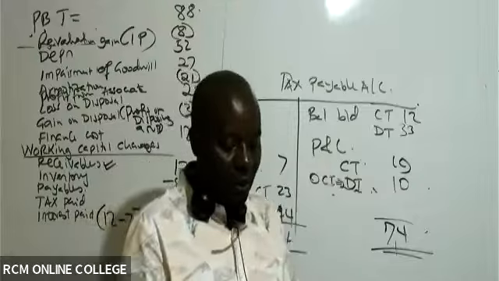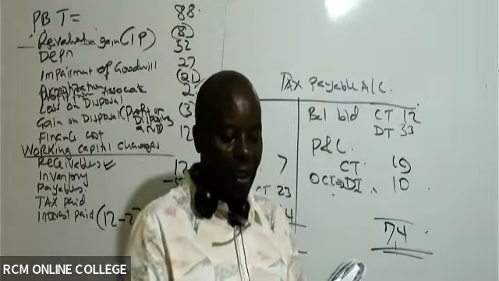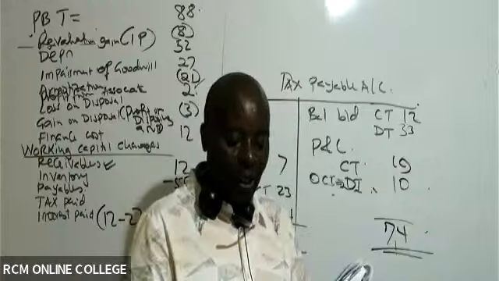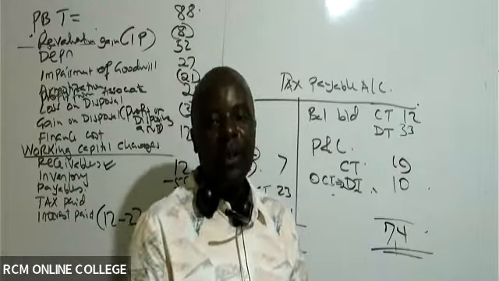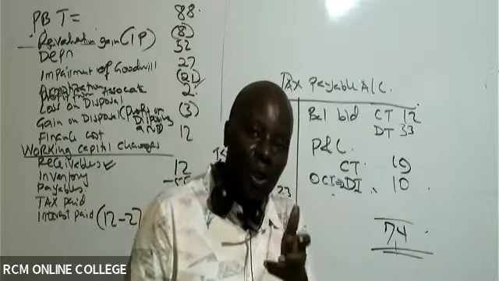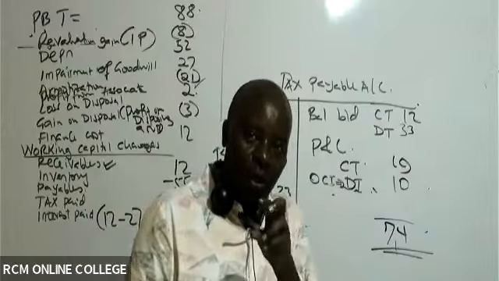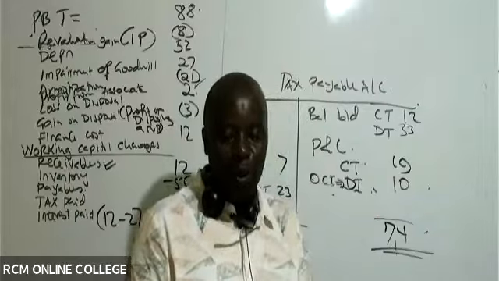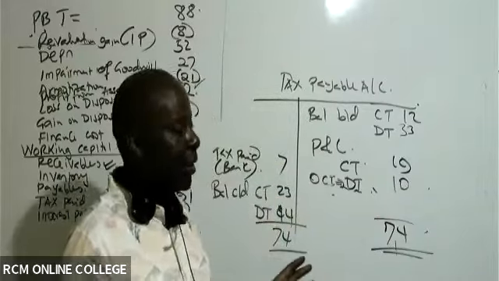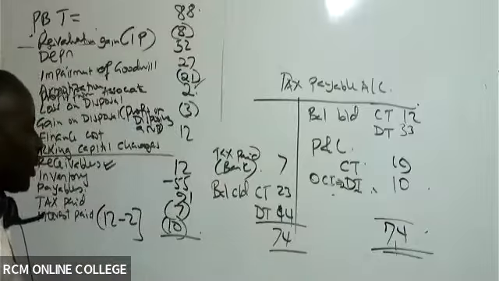If you look at note number 6, finance cost included a 2 million loss on the retranslation of a loan that was denominated in foreign currency. So that is a loss on retranslation, the 2. The actual interest paid is supposed to be 12 minus 2, which gives me 10. And that is it.